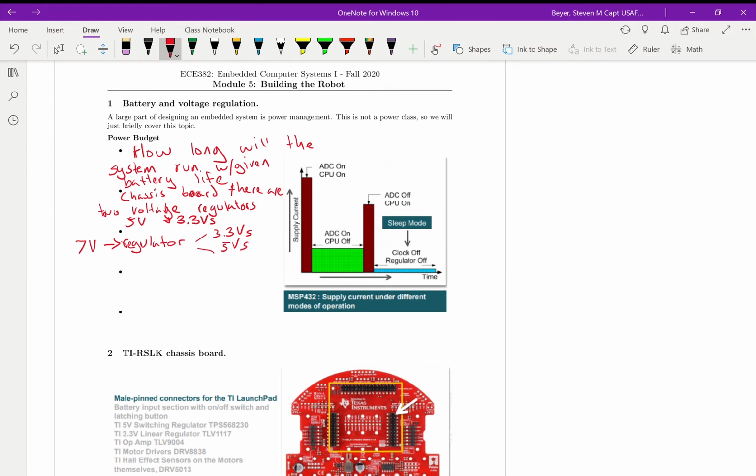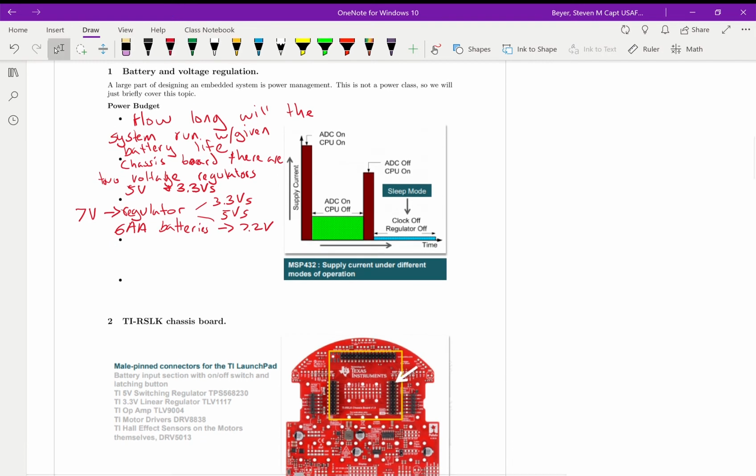But that requires 6 AA batteries to get us 7.2 volts. So we can go greater than 7 volts, so we have 7.2 volts, and then our regulator is going to take those down to 3.3 and 5 volts.